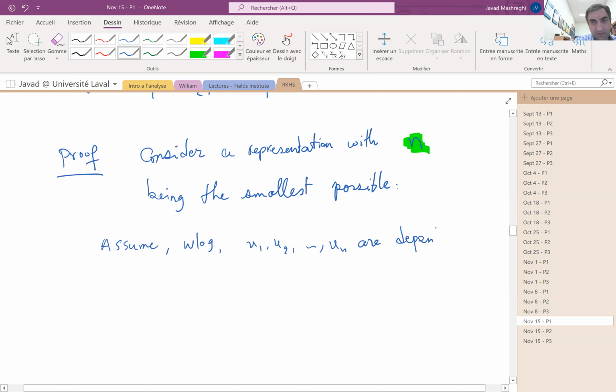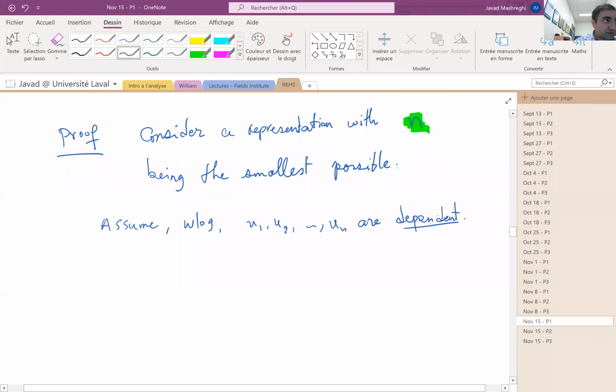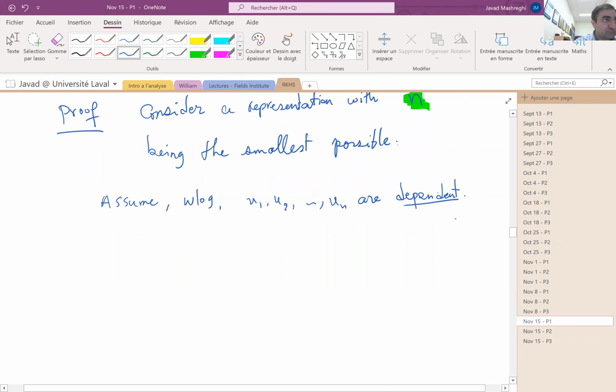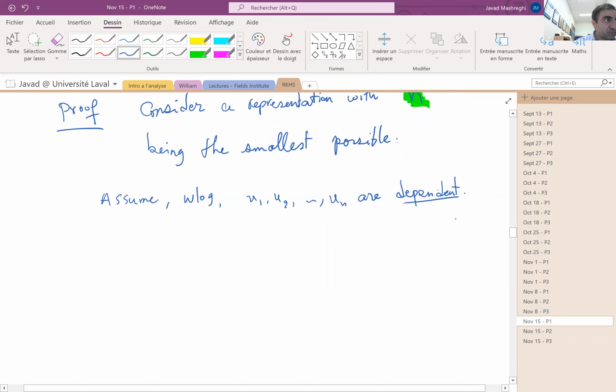That's my assumption. So there is alpha 1 up to alpha n, not all 0, such that alpha 1 u1 plus alpha n un equals 0.